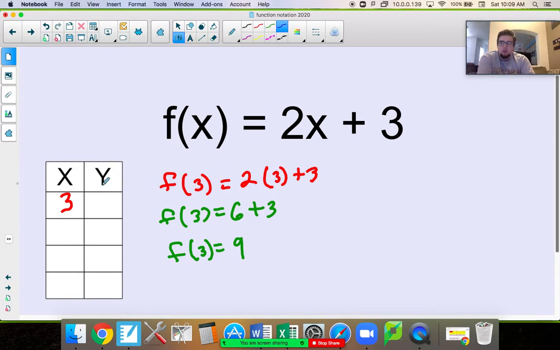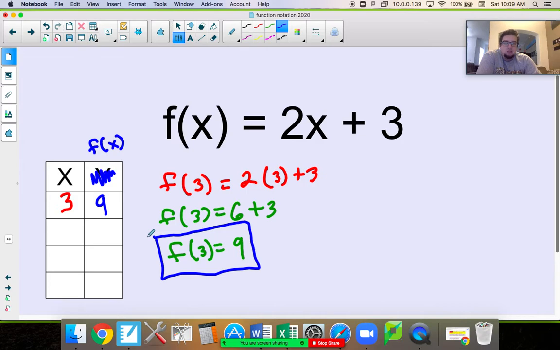Where our normal spot of our table would say y, with function notation, it now says f of x. It's really just a fancy way of writing y. So I plug in 3, my output is 9. The power in function notation is right here. Without having to write extra stuff, I have what I plugged in, and I got what I got out in our equation.